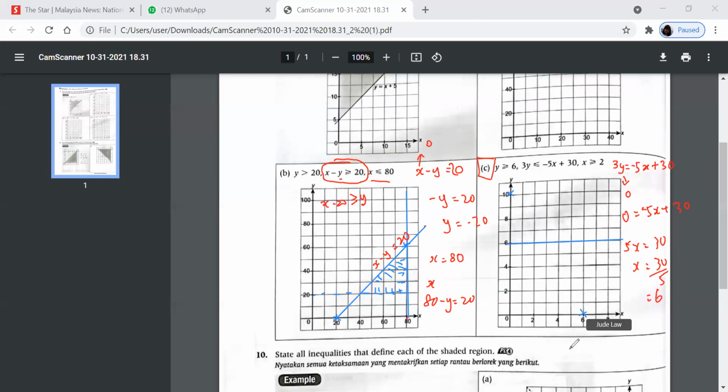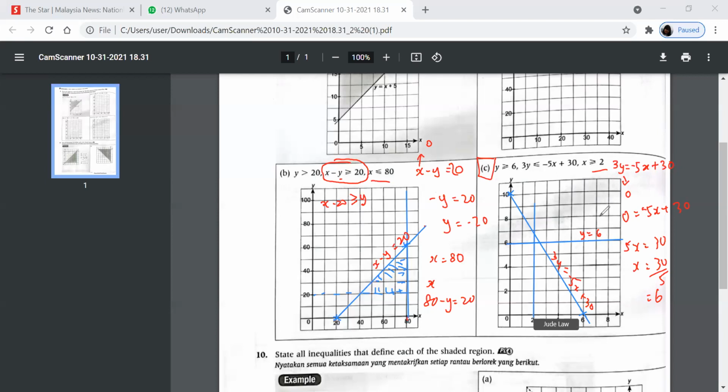Yes, good. And then draw the line. So this one is 3y equals negative 5x plus 30. This one is y equals 6. Then one more.